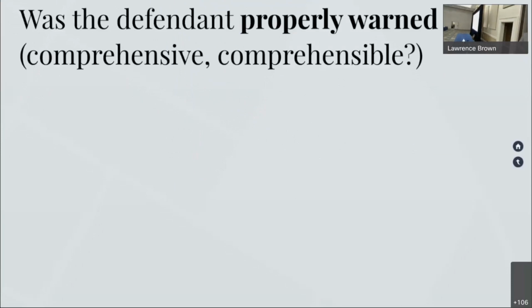Was there proper warning? Were all four parts of the Miranda warning provided? That is, was it sufficiently comprehensive? And was it provided in a language that was readily understood by the individual it was provided to? This might mean provided in a language, for example, that the defendant understands. Is it comprehensible?